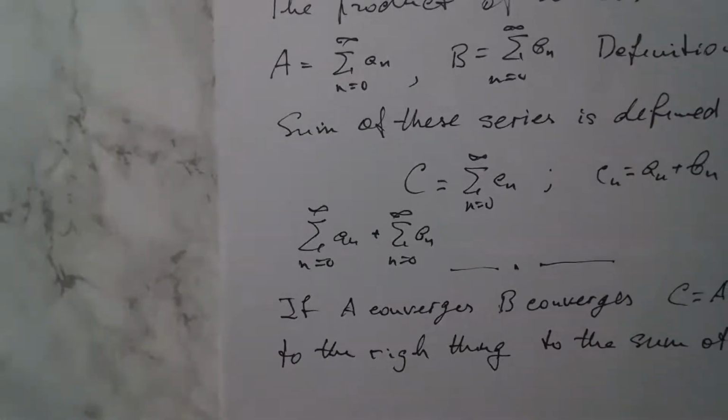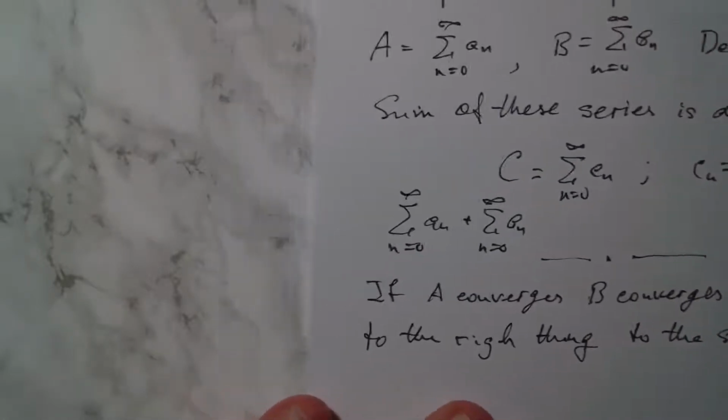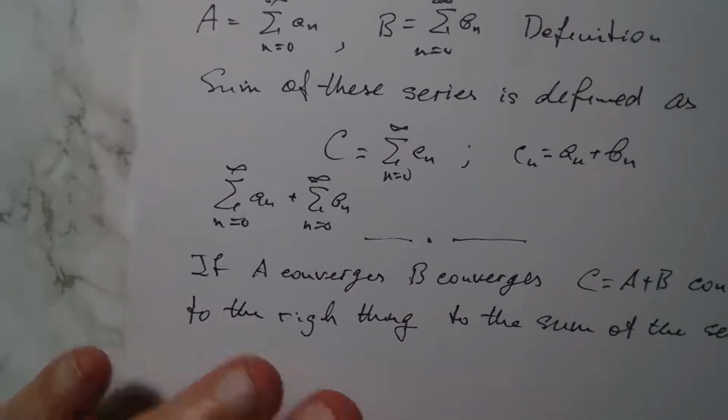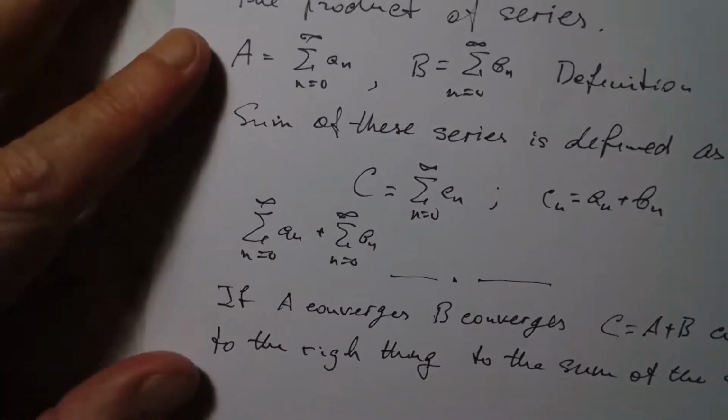Okay, now we're going to do something very, very similar. Now I want to do the same thing with the product of the series, and I will remind you the definition of a product of the series. So this is the same series A and B as defined above.